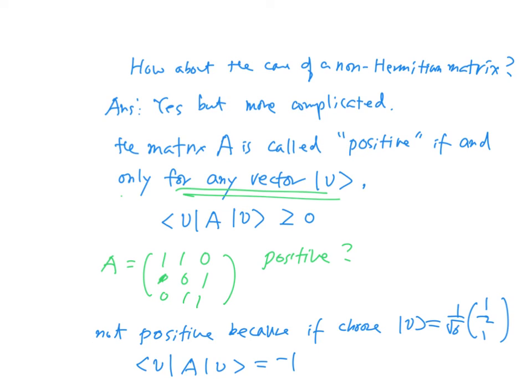However, we need to continue the discussion next week, just a little bit. On the other hand, we have a new matrix M equals A dagger A. What is M dagger?